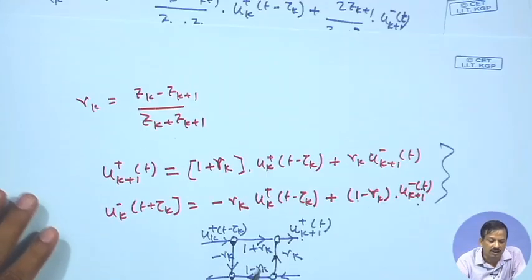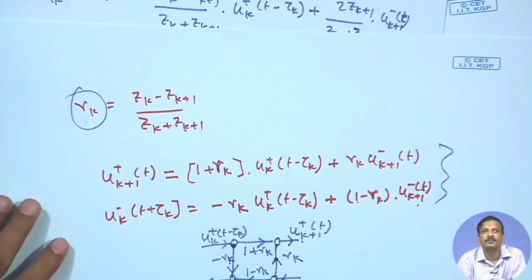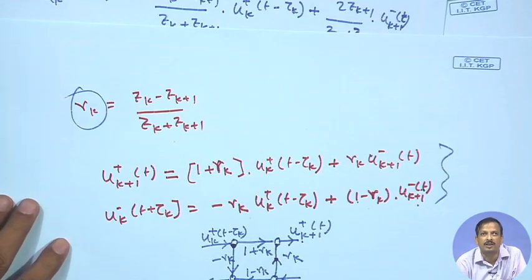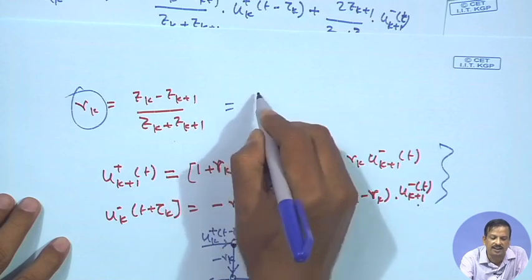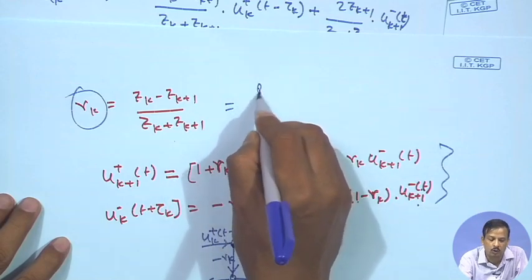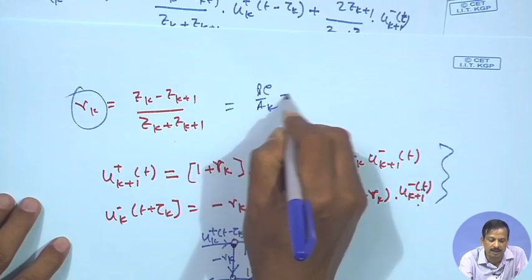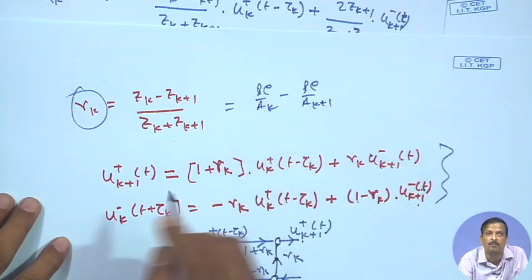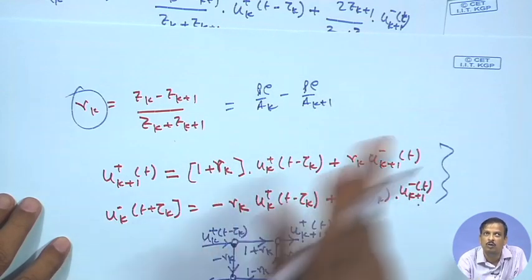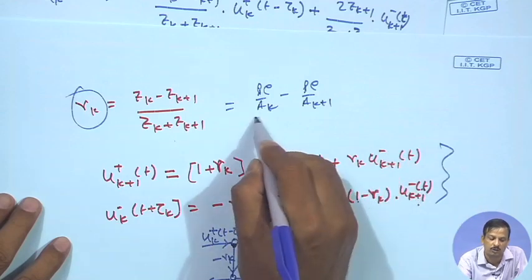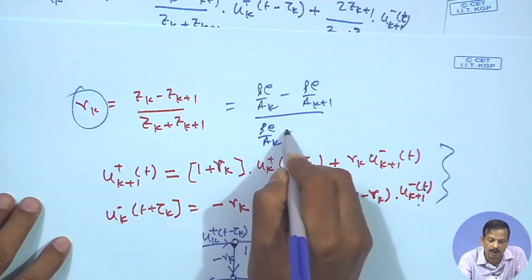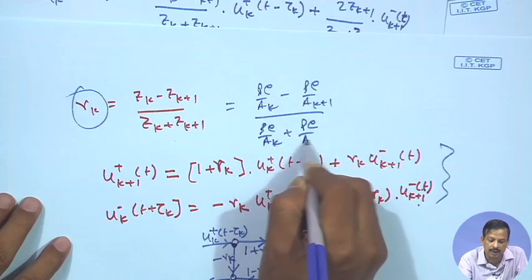Okay. Then what is r_k? r_k is called the reflection coefficient. How does it come about? What is z_k? It is rho c by a_k, so (rho c by a_k minus rho c by a_{k+1}) divided by (rho c by a_k plus rho c by a_{k+1}), where a_k is the cross sectional area of the kth tube and a_{k+1} is the cross sectional area of the (k+1)th tube.